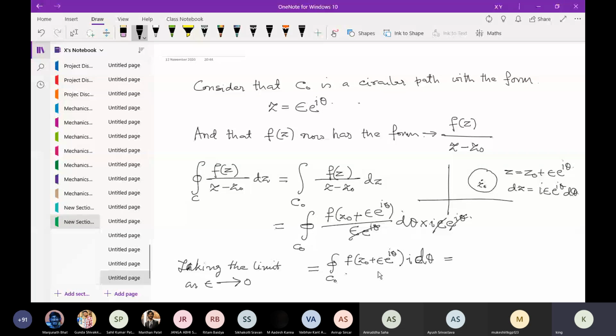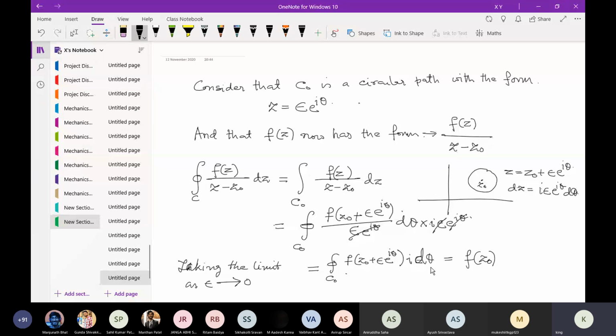As epsilon tends to 0, epsilon does not play any role in changing Z0. It changes Z. So when epsilon becomes 0, then f(z0) is simply going to come out.